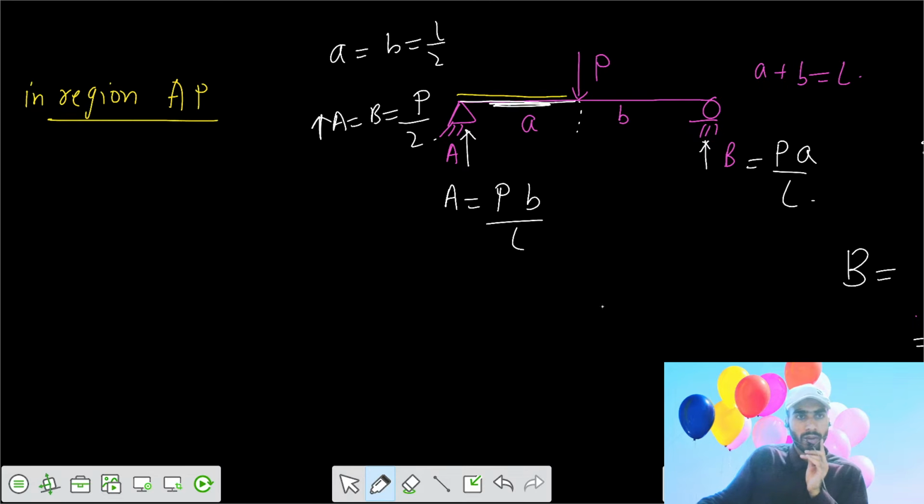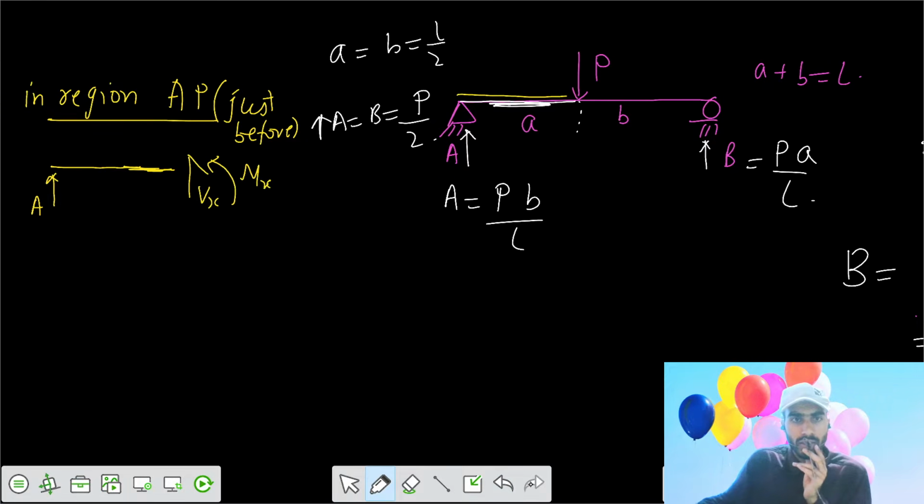In the region AP, we can have a section. Here this reaction is A, and we have the section just before P. If the section is just before P, the effect of P won't be there. So let's say the shear force here is Vx and the moment here is Mx.